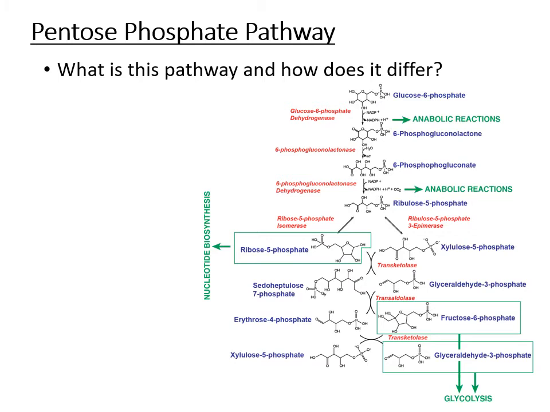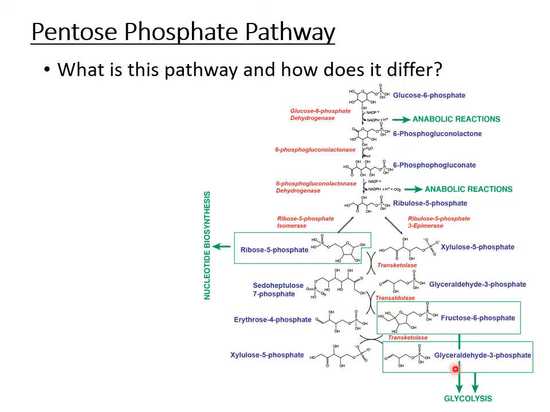Okay, before we leave glycolysis and move on to the citric acid cycle, I just want to mention one more pathway, and there's going to be a recap slide on this in a minute. The pathway I want to mention is the pentose phosphate pathway, which is represented here. It's an alternative to glycolysis, and it differs from glycolysis in multiple ways.